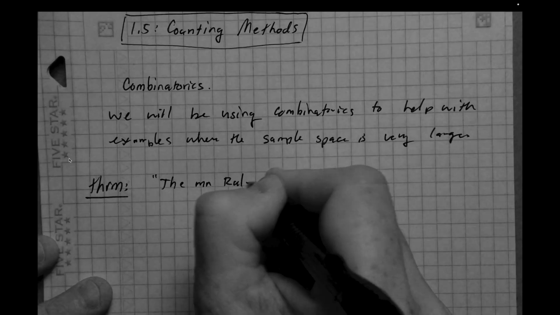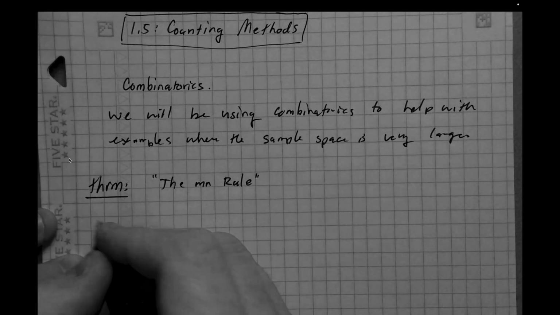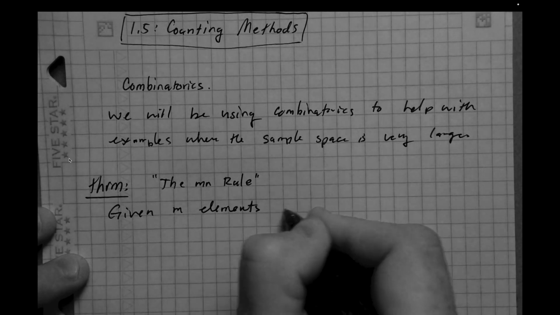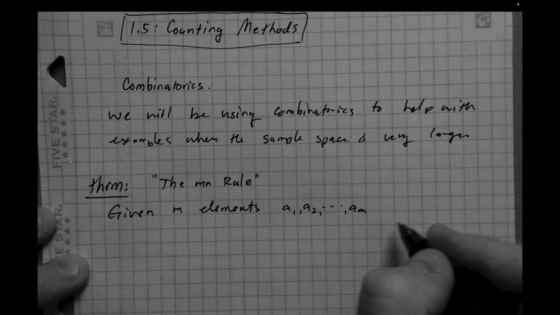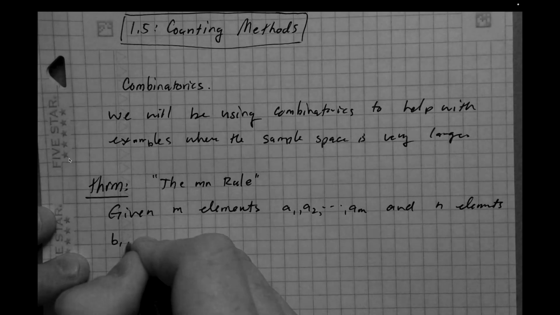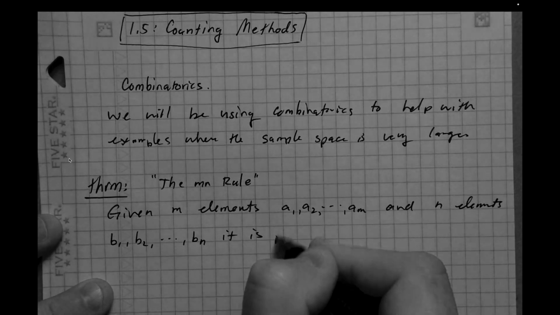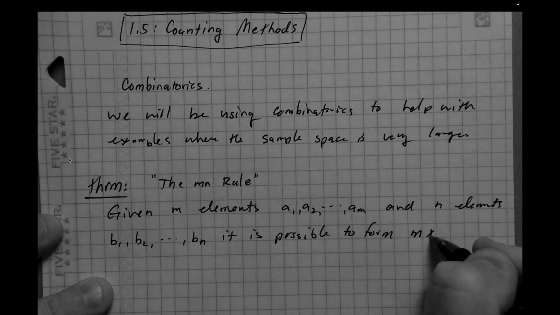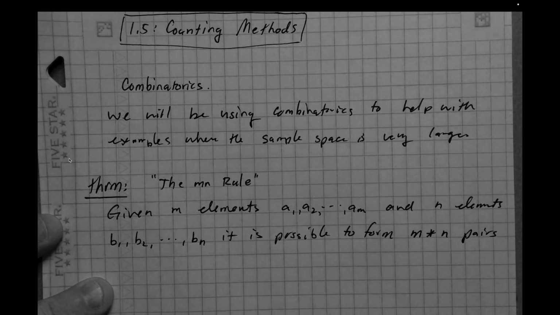So the MN rule is a straightforward principle: given m elements, which we'll call A1, A2, through AM, and n elements, which we'll call B1, B2, through Bn, it is possible to form m times n pairs containing one element from each group.